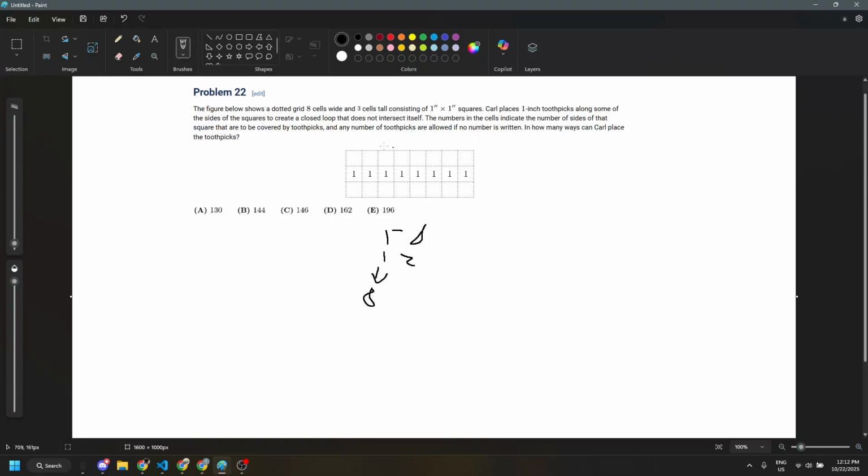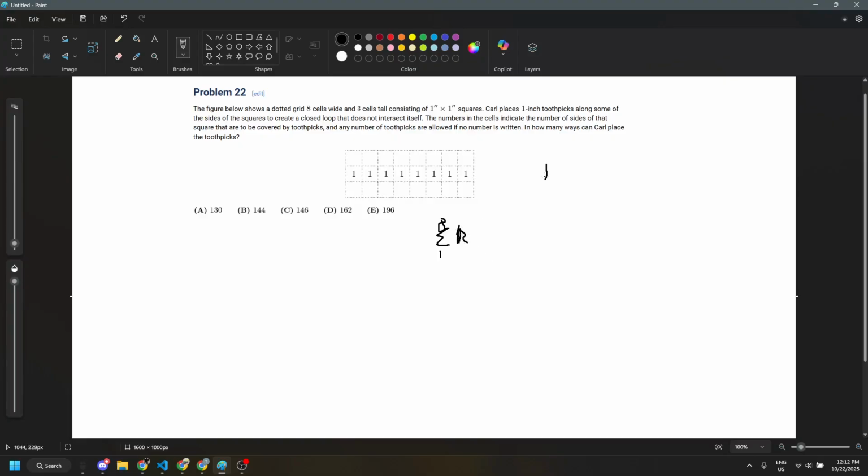When there's 2 cells that are filled up here, there are 1, 2, 3, 4, 5, 6, 7. Yeah, okay, so it just goes down. So it's the sum of 1 to 8.